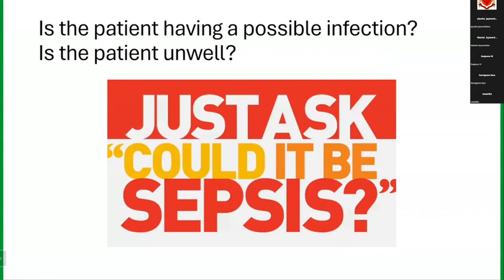So whether you are in a primary setting, a district hospital, a teaching hospital, or even the ICU, if a patient has a possible infection, not obvious, but sometimes very subtle, and the patient is unwell, please just ask, could it be sepsis? Always keep this in the back of your mind, because we tend to miss a lot of septic patients early in the admissions or presentations.